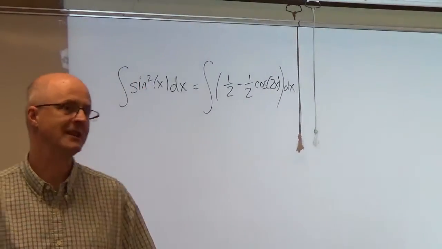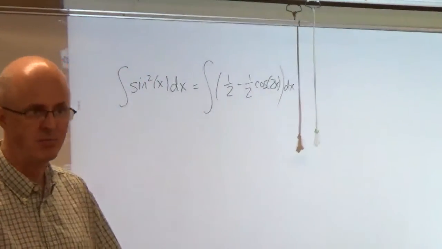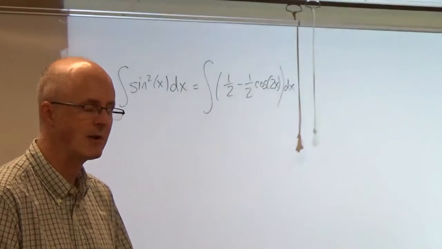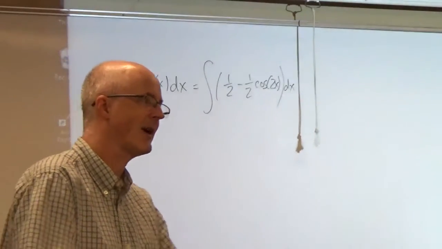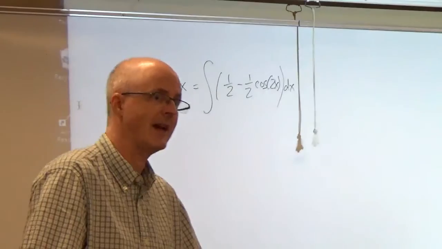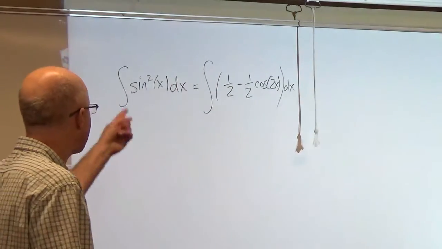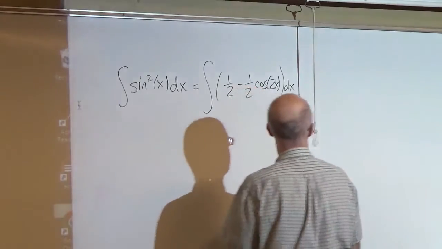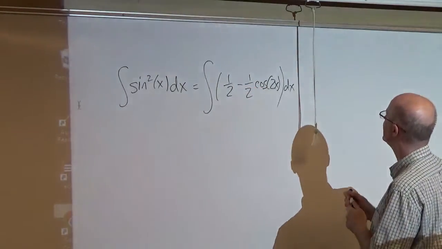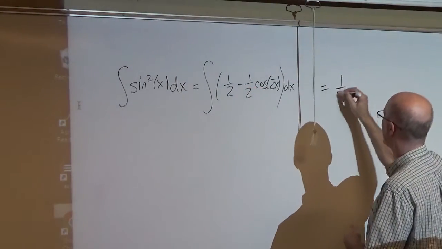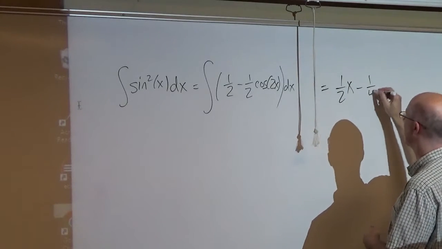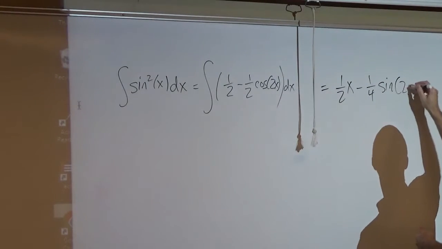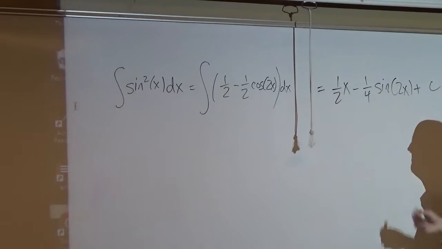It's got to be, if cos squared x equals 1/2 plus 1/2 cos 2x, because sine squared and cos squared have to equal 1 when you add them together. So the only way it can be is this. And that's easy to integrate. You get 1/2 x minus 1/4 sine 2x plus c.